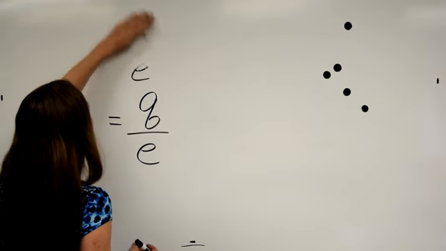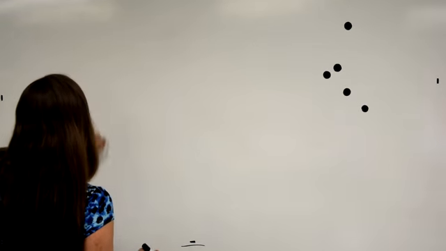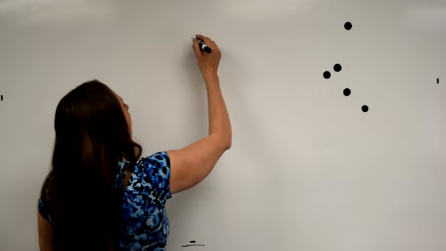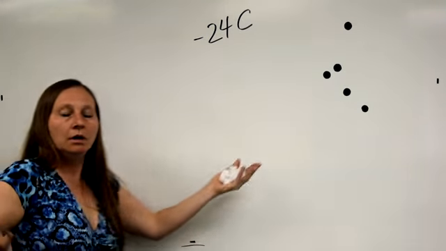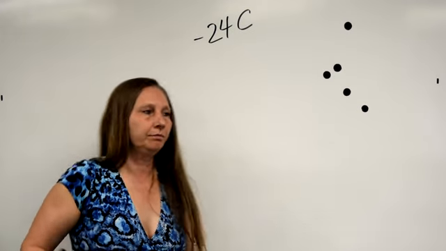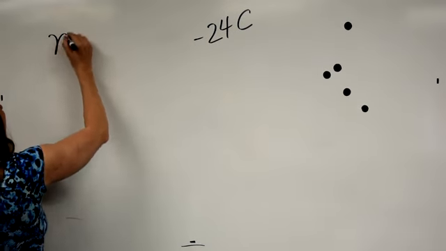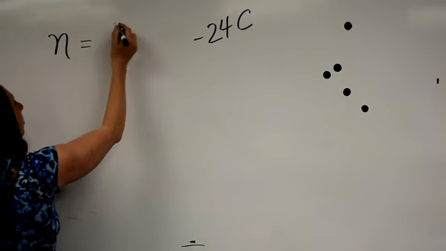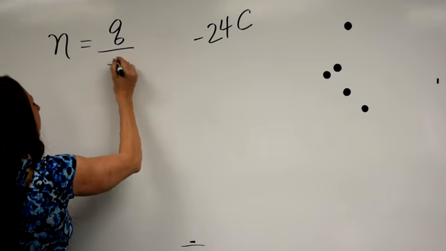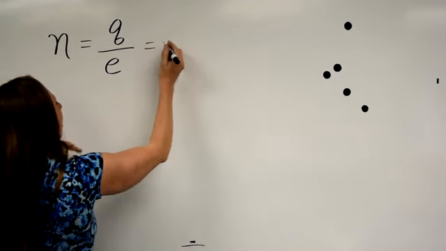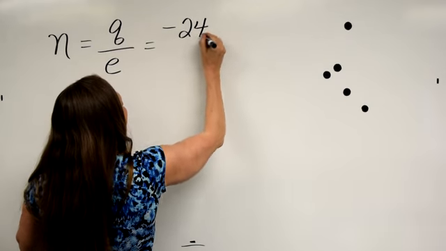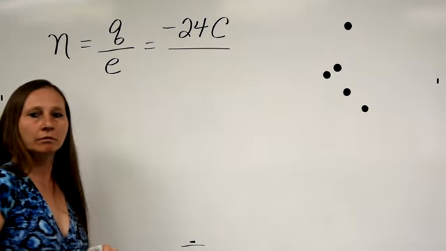So the question says, if you've got a total charge of negative 24 coulombs, how many electrons do you have? The number of electrons is equal to the total charge divided by the elementary charge. The total charge was negative 24 coulombs.